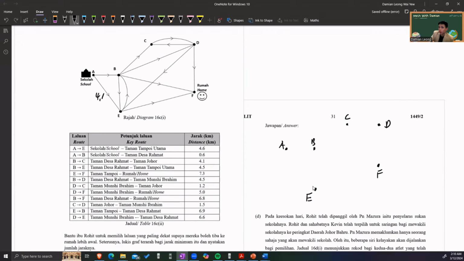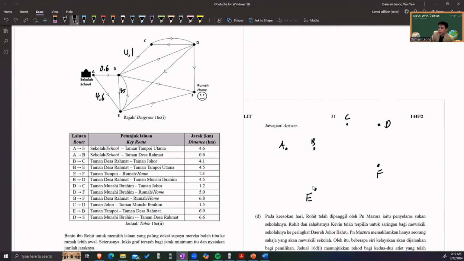AE is 4.6, AB 0.6, BC 4.1, BE is 4.5. So both ways should also be 4.5.